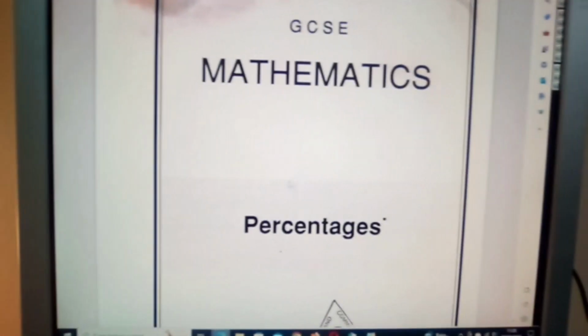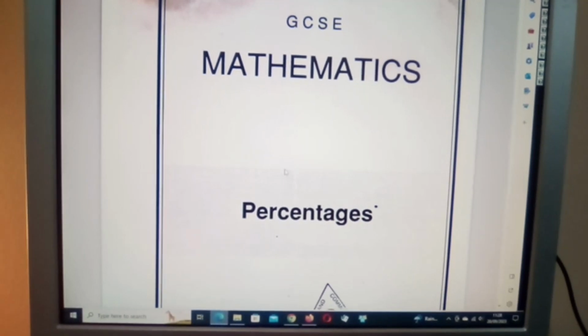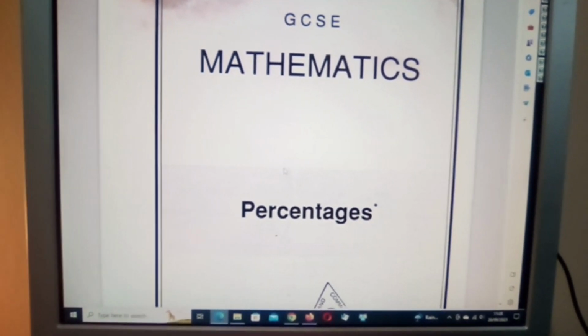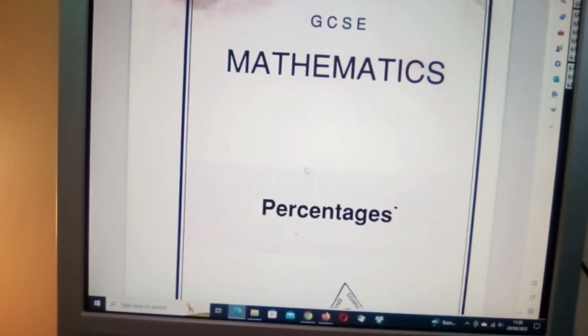Use pen and paper. Make sure you know what you're doing. Look at the examples, write out the examples, get them done, and you're going to find that your skills with mathematics improves tremendously.